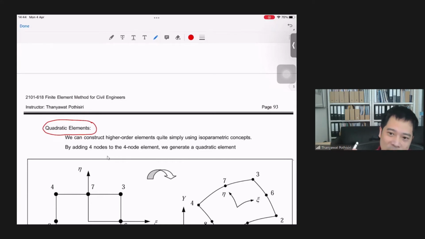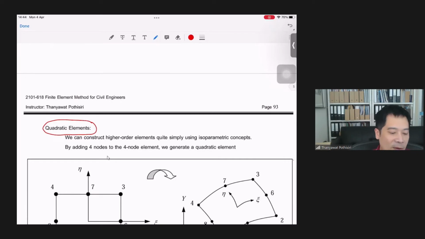For example, if you go up one order from a linear function, you get a quadratic function, right? Now, if you go even higher, then you get a cubic function, something like that. Okay. So from linear to quadratic to cubic, what's the difference between these elements?